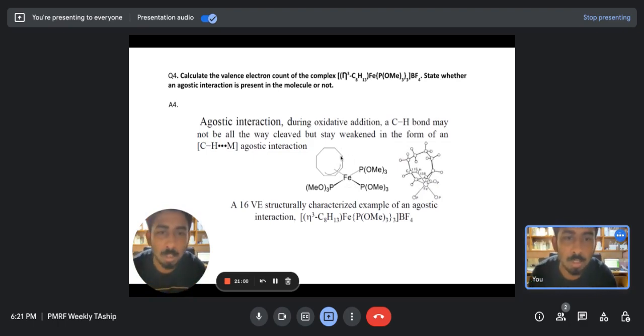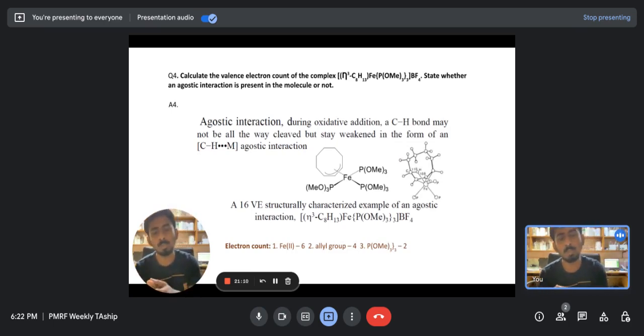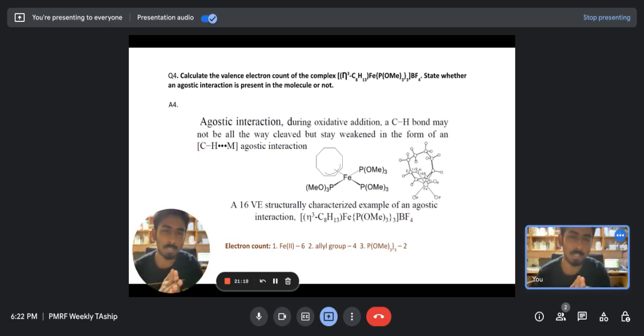Now, this 16 electron species, in this case, in all cases you have to know the other part of the question: whether an agostic interaction is there in the molecule or not. In an agostic interaction, it is not mandatory that the CH bond will be cleaved or permanently broken from the carbon, but it may be weakened in the form of an agostic interaction.